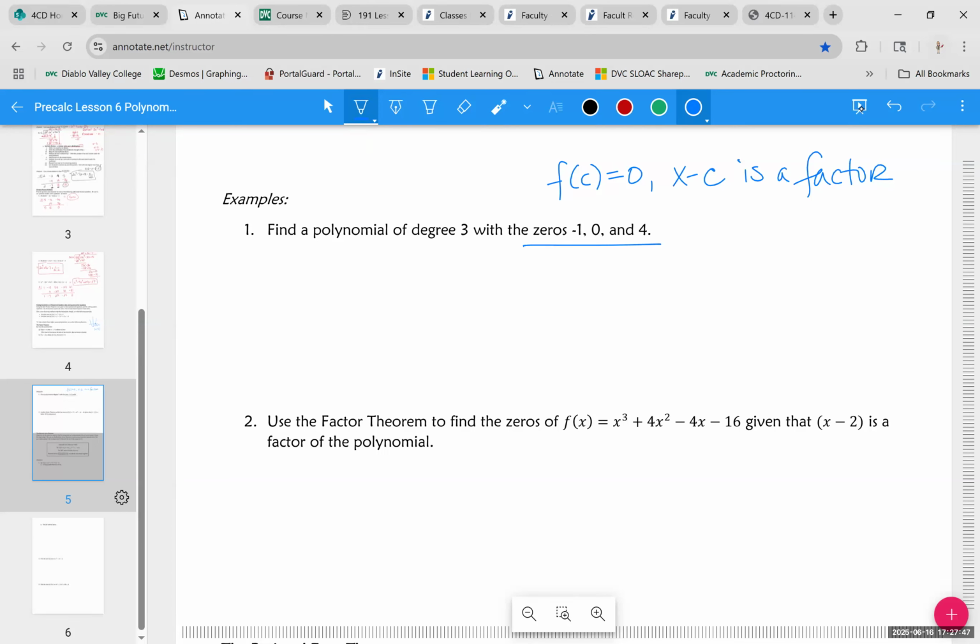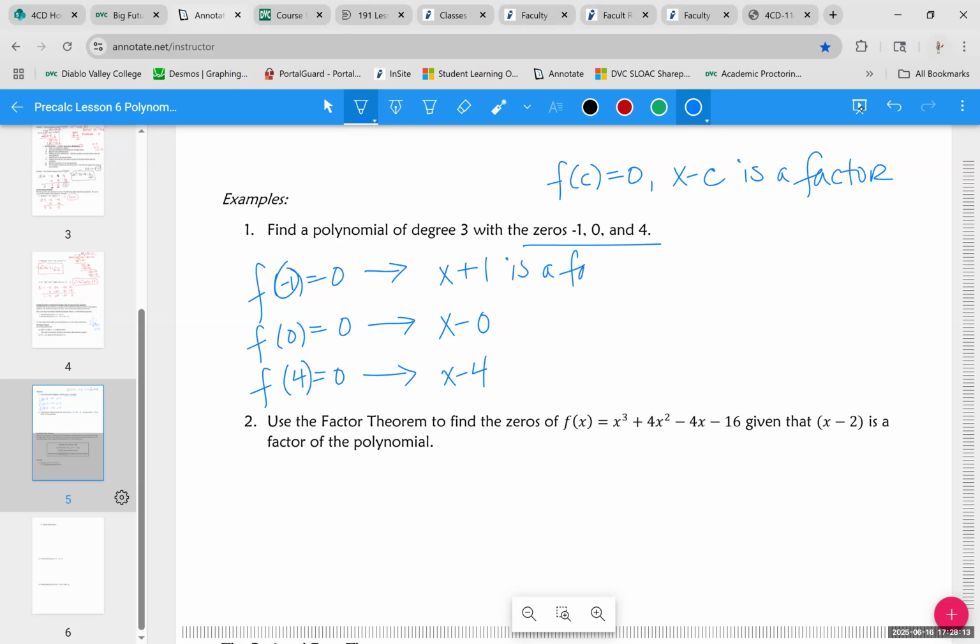So if these are zeros, that means that f of each one of those is equal to 0, which means that x minus each one of these, x minus -1, x minus 0, and x minus 4, each one of these is a factor.